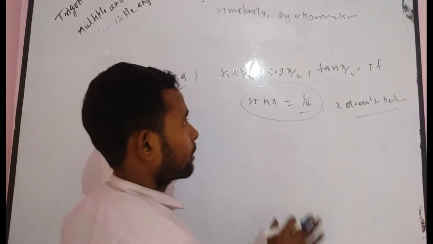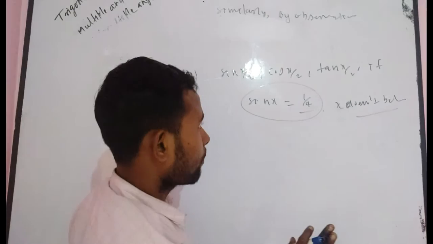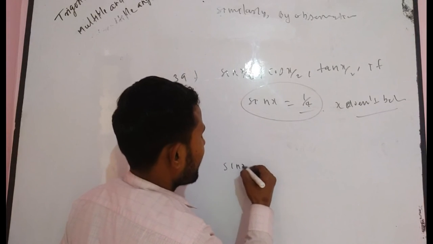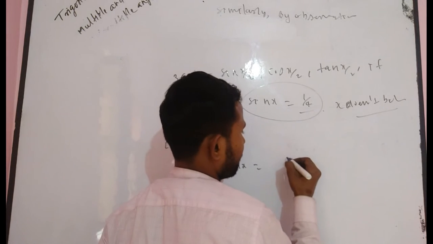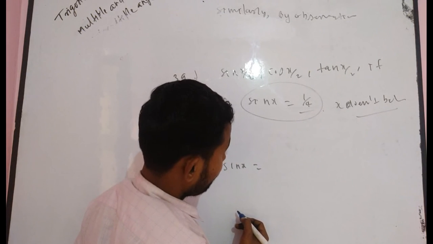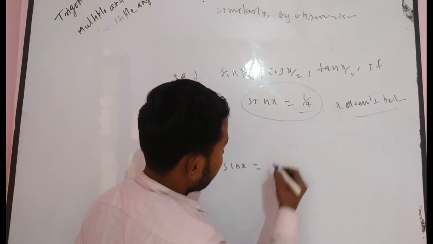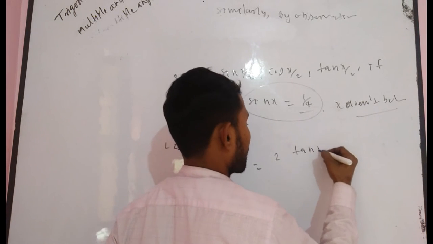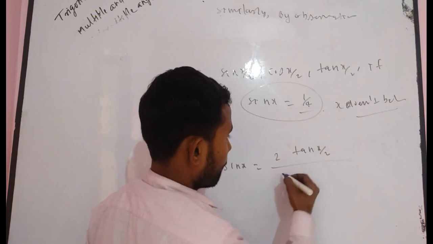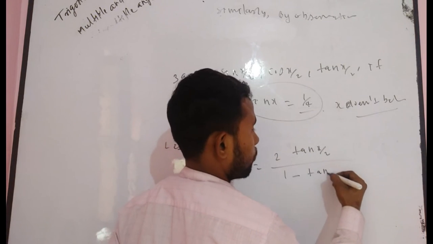Sin x is equal to 1 upon 4 is given. I think you know sin x can be written as 2 tan x by 2 divided by 1 minus tan square x by 2.